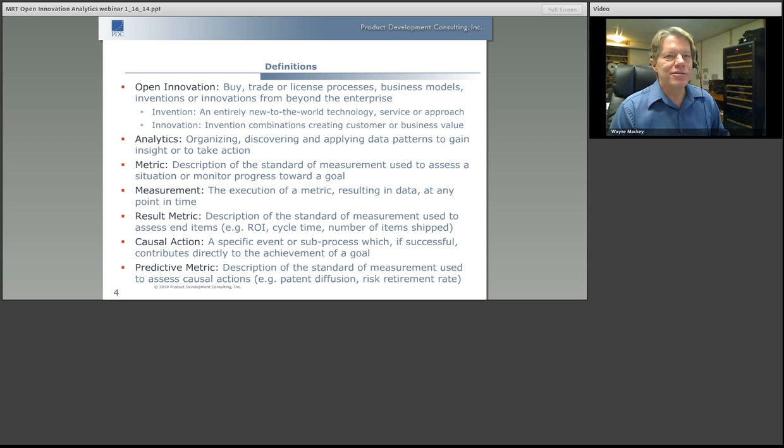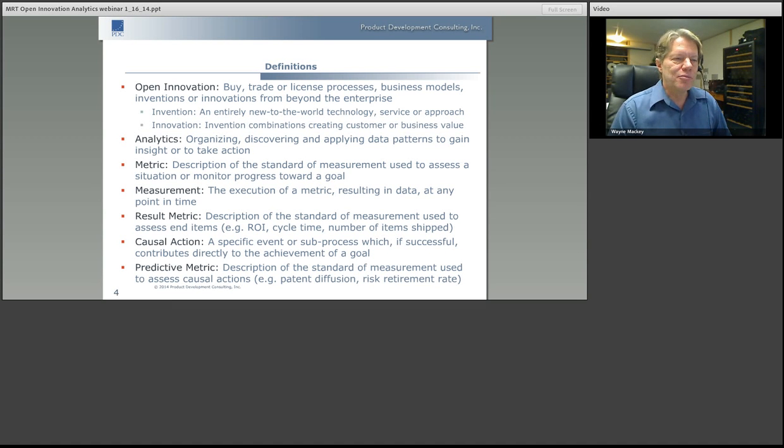Now, when we talk about metrics, we talk about different types of metrics. The first type is a result metric. These are, as all metrics are, a description of a standard of measurement, but it's used to assess end items, things like return on investment, cycle time, number of items that have been shipped. A causal action is something that causes a result to happen. A predictive metric, sometimes called a process metric, is, like all metrics, a description of a standard of measurement, but it's used to assess those causal actions, the things that will tend to cause the result to happen.